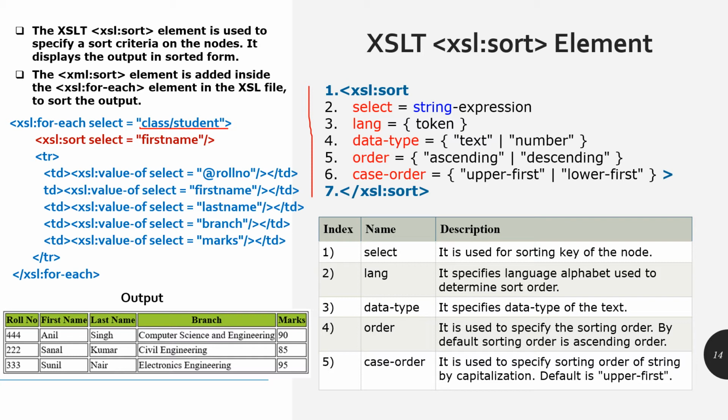So here select is used for the sorting key of the node. Then lang specifies the language alphabets used to determine sort order. Data type specifies the type of the text.